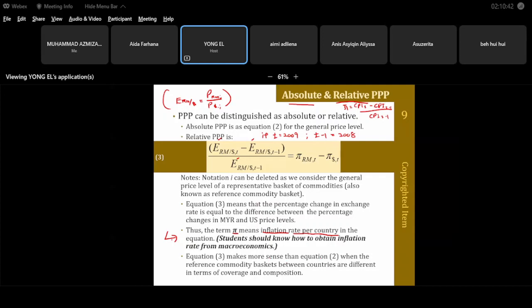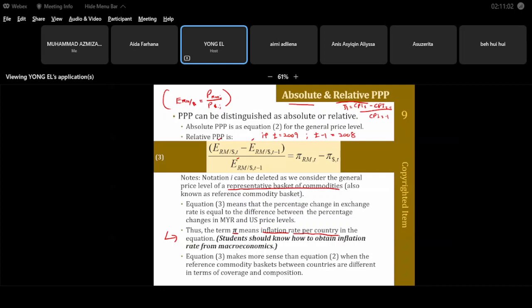Difference. Okay. In what situations do we use the relative PPP compared to absolute PPP? Well, because PPP is based on a commodity basket, I mean a representative basket of commodities.